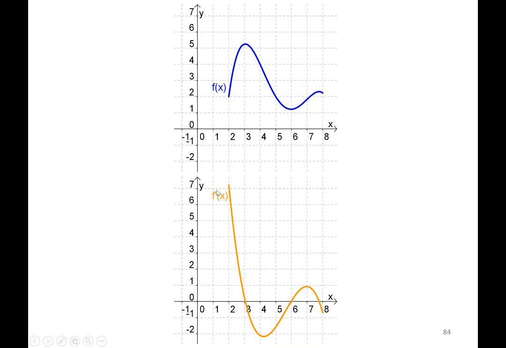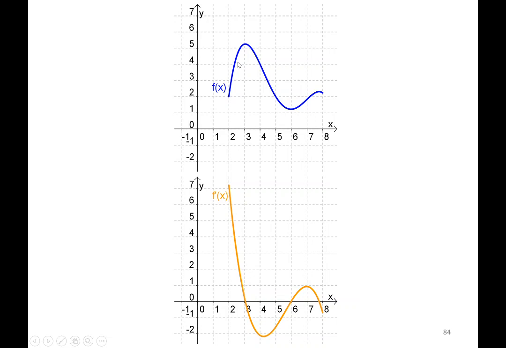There's the prime, which says that this is the derivative of f at x. So these values of f prime of x should be the slope of the tangent line of f of x. So if you look at the tangent line at any given place on f of x, the slope of that line should be what f prime of x is.